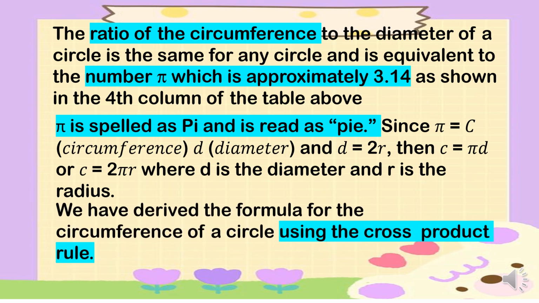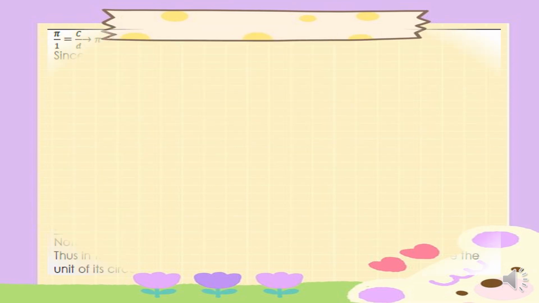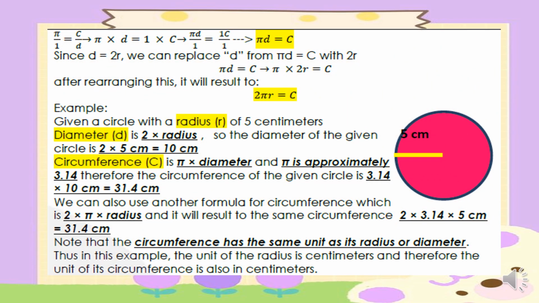So we have derived the formula for the circumference of a circle using the cross product rule. Okay, so using the cross product rule, pi over 1 is equal to C over d. So that means pi times d equals 1 times C. So that means the formula for the circumference, if the given is diameter, we can use C equals pi d.